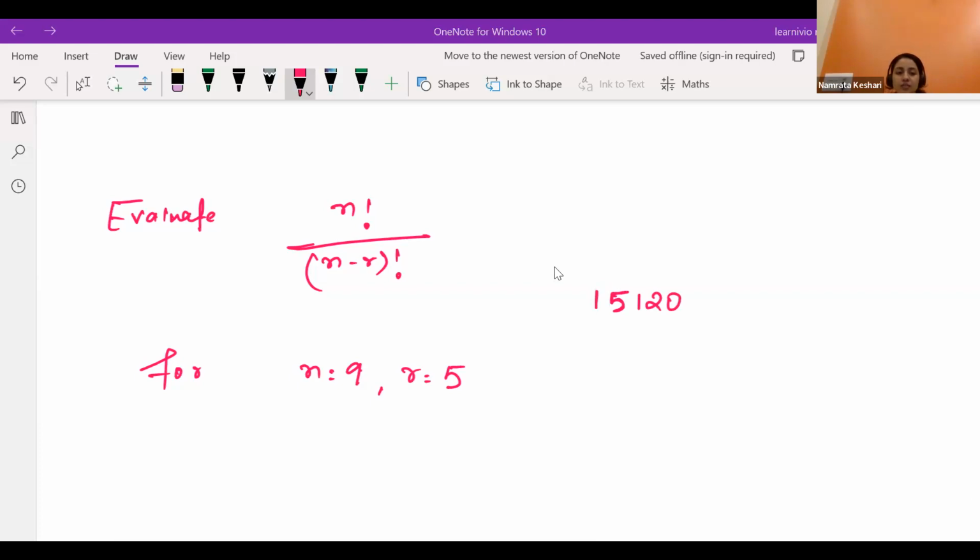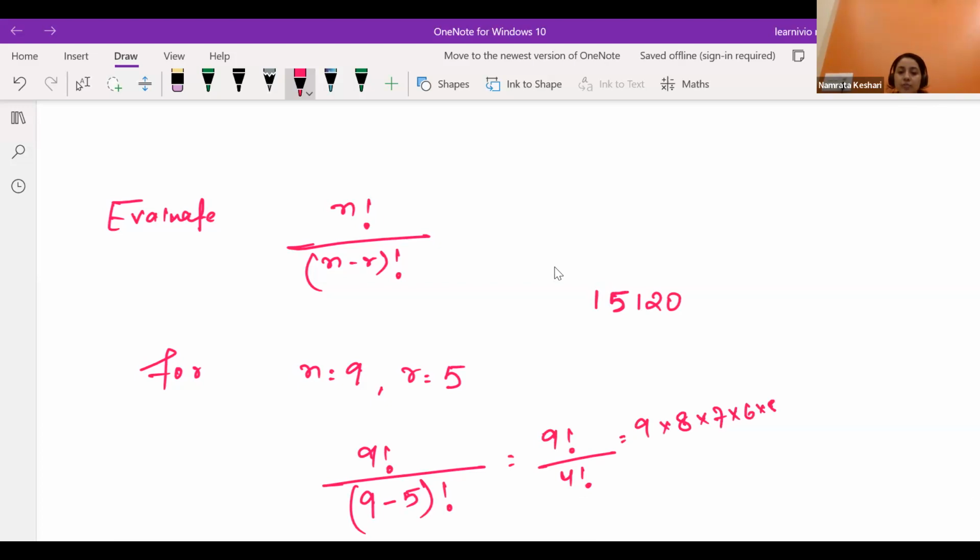Let me check. Still, n factorial by n minus r, that means n minus 5. So we'll be having n factorial by 4 factorial. Now we'll break it: 9 into 8 into 7 into 6 into 5. But after that we will just write 4 factorial and we will write 4 factorial. We will cancel them out now.